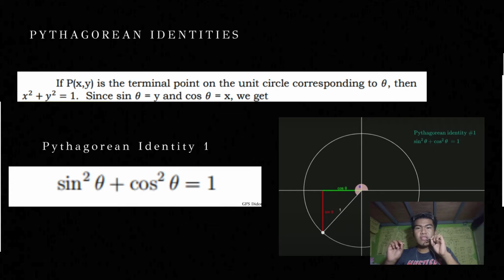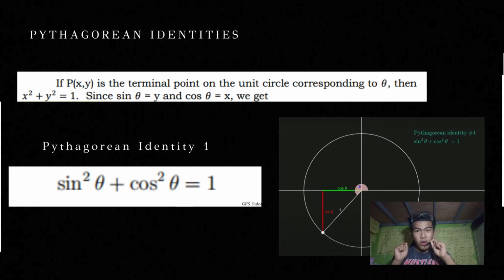But we know that the radius r inside the unit circle is 1, and r squared will also be 1. So therefore we get the standard form of the unit circle, which is x squared plus y squared is equal to 1. But wait, there's more.